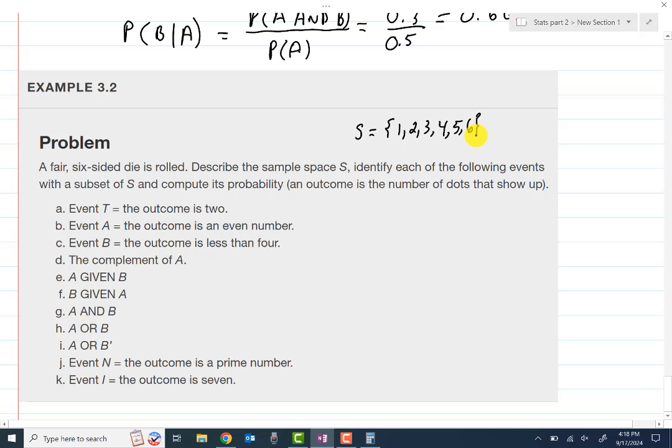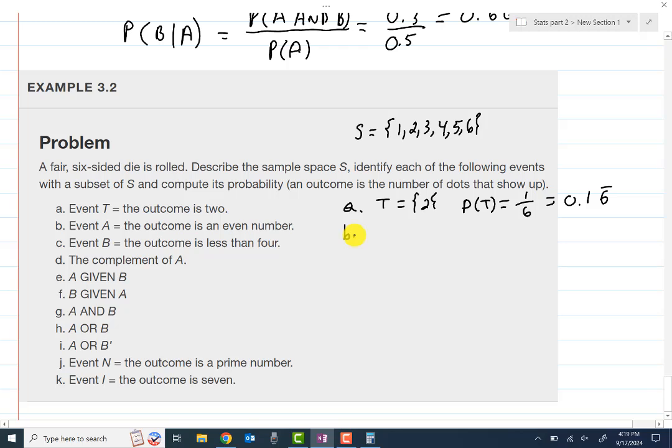So what they want you to do is to give the event listed as a set and give its probability. So this is easy. T is simply the number 2. So the probability of that, since there's only one item in there, 1 out of 6. Or if you put it into your calculator, 0.1, and I think the 6 is gone forever.